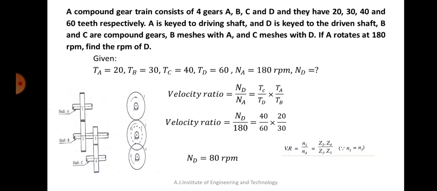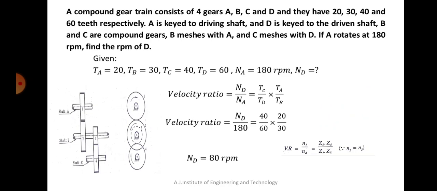Alright, so we can take ND by NA or NA by ND. Corresponding values of teeth also you have to take. For example, in this formula it's given as N1 by N4. So I can take NA by ND is also equal to 60 into 30 by 20 into 40. So that will be one and the same.